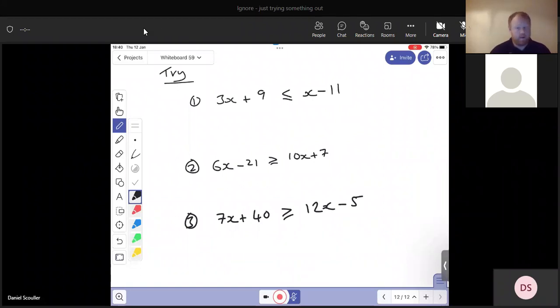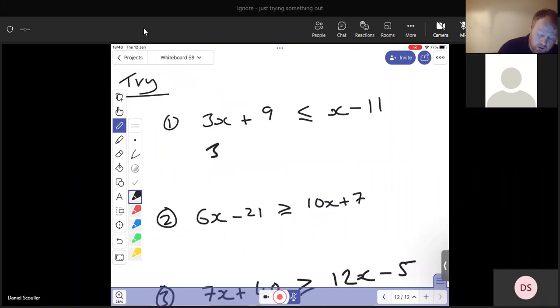Very nice one. Okay, so going quickly through it. 3x minus x over this side. That 9 will go across, become a minus as well.